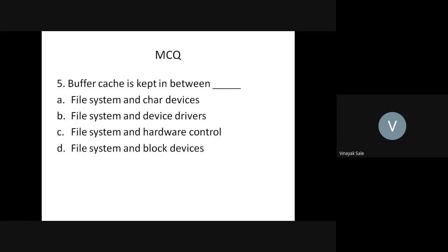Then the fifth question: buffer cache is kept in between A, file system and character device; B, file system and device drivers; C, file system and hardware control; D, file system and block devices.